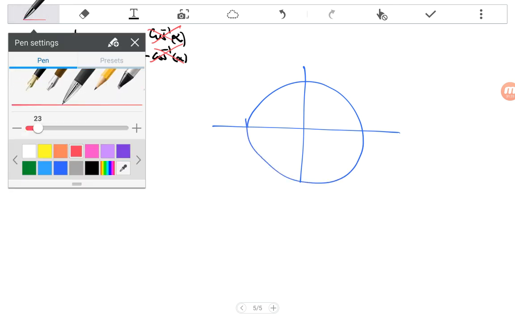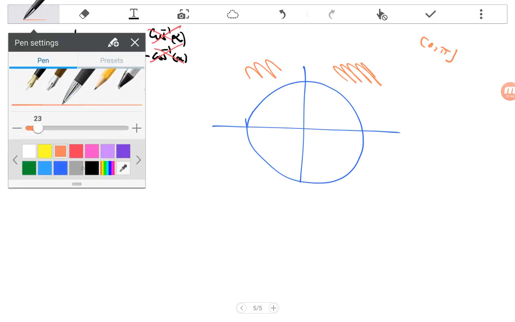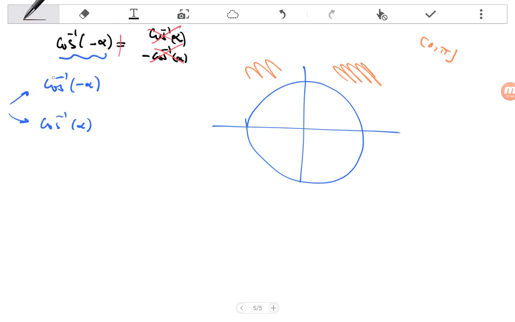Just remember that an angle which is a cosine inverse must be from 0 to pi, in the first quadrant or the second quadrant. Let's put that in mind when we are doing our steps now.